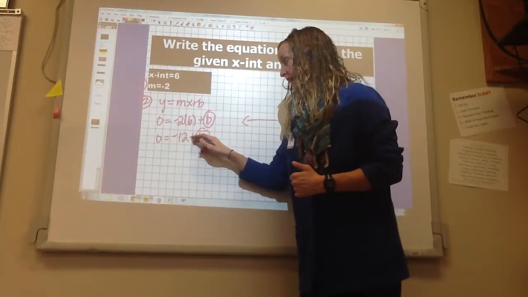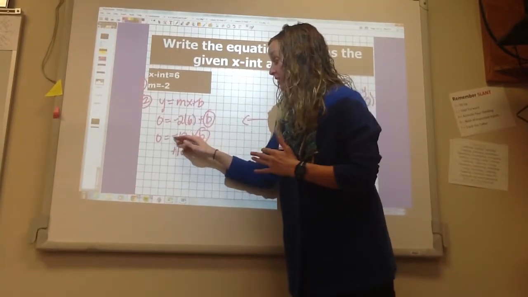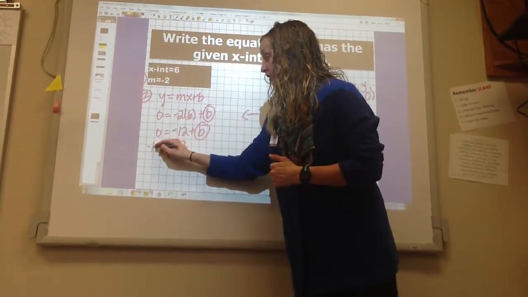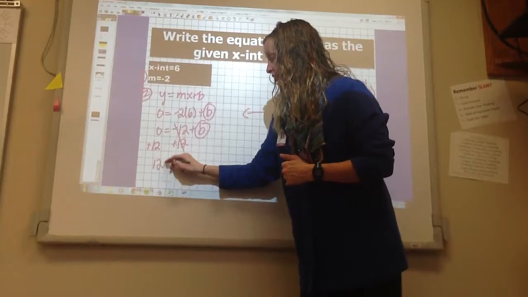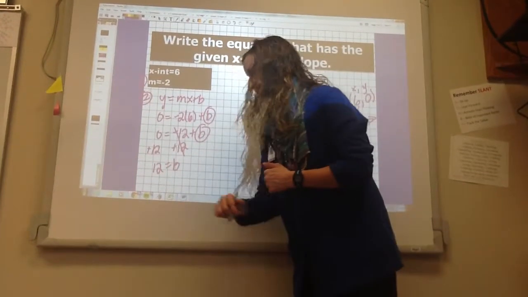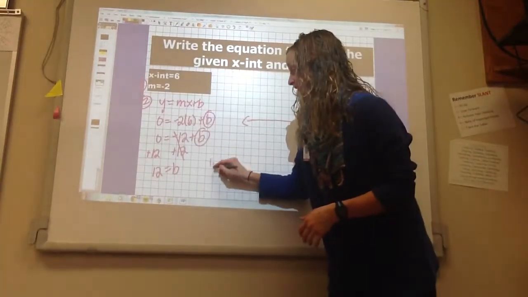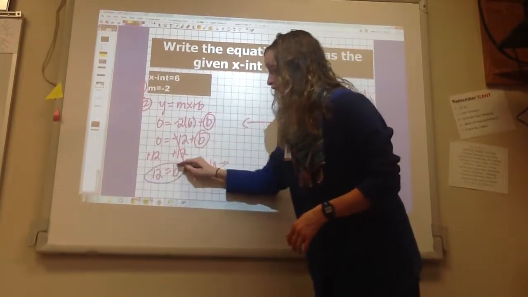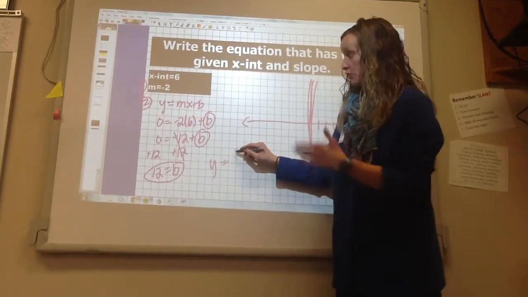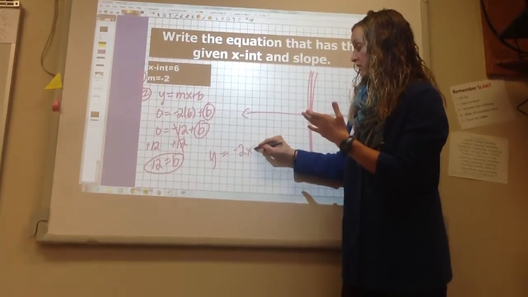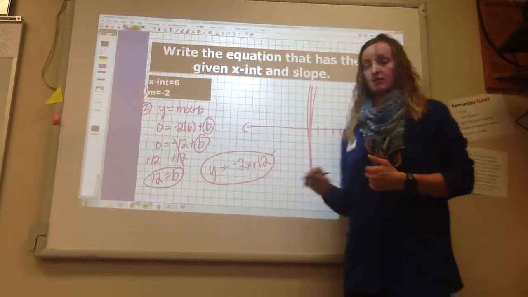So the opposite of subtracting 12 is adding 12, so that's going to cross out. You just found out that your y-intercept is 12. Awesome, because then all you have to do, you find your slope right here given to you, you found your y-intercept, you plug in those two things, and you solve your third equation.